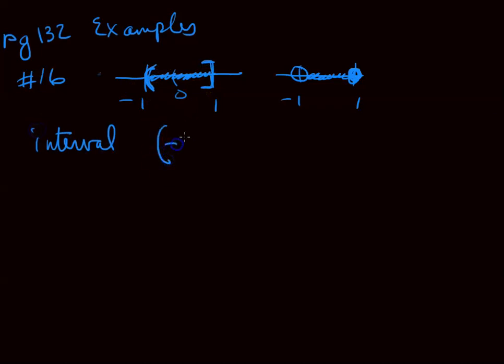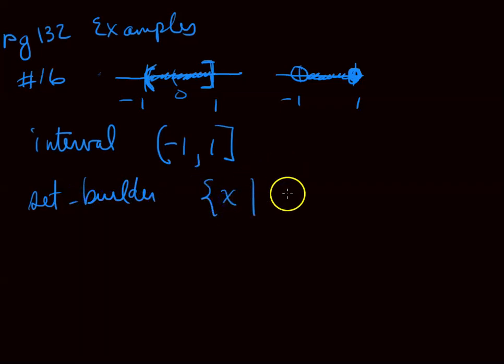We have a parenthesis, a -1, comma 1, square bracket. In set builder, and the reason I'm asking this is because besides you say the set of all x such that, they want you to write this inequality. So this is -1 is less than x is less than or equal to 1. So all they wanted in the book was this part. But might as well practice set builder notation. Don't have to add much more.